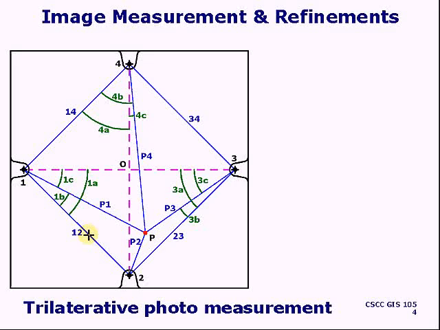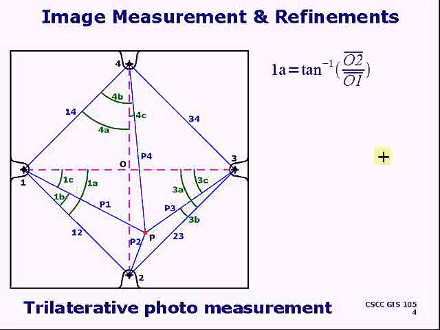So we can look at this several different ways. You can see 1A, 3A, or 4A, always talking about the angle from the axis to the line to the fiducials. B is another angle that we're going to be able to calculate, and then we can take A minus B and compute C.